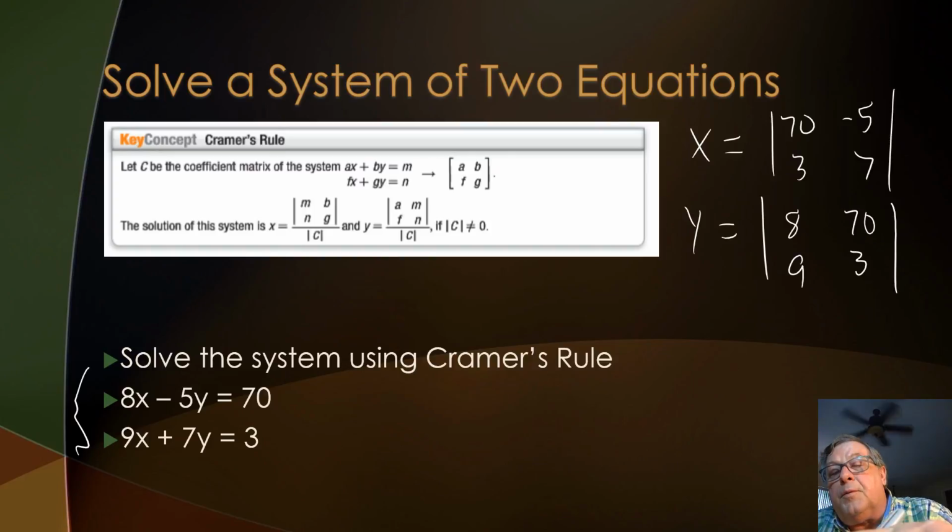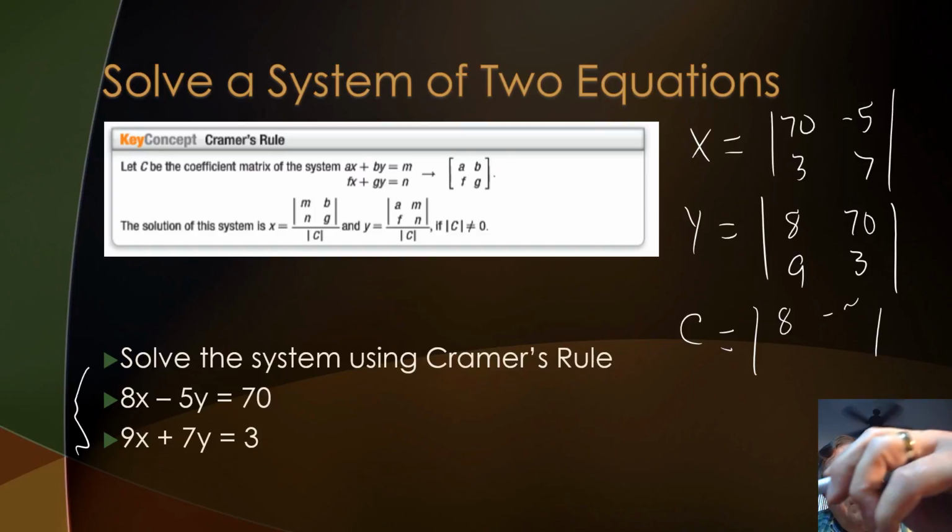And that's what I'm going to input into matrix B to help me find the y coordinate. And then for C, I'm just simply going to use the coefficients of the variables, 8, -5, and 9, 7.